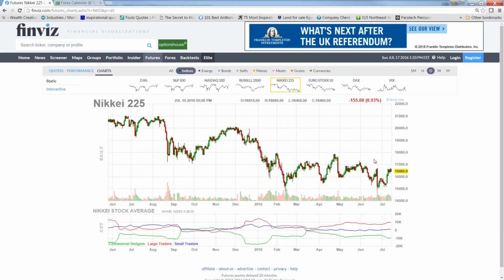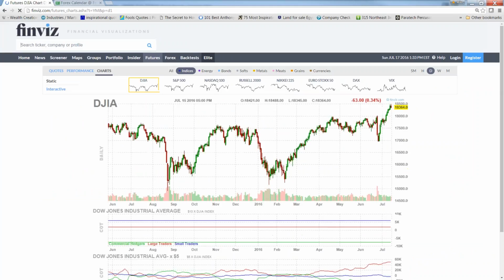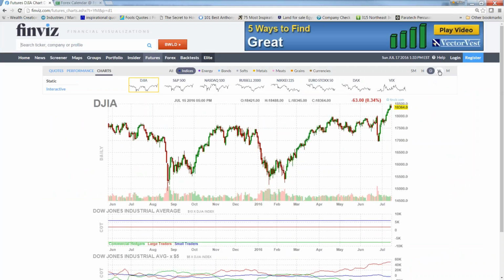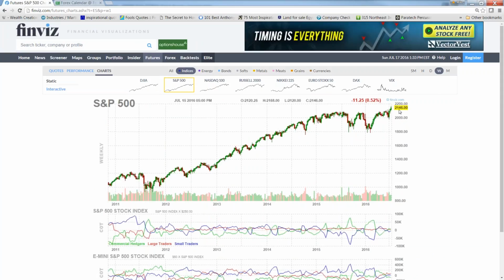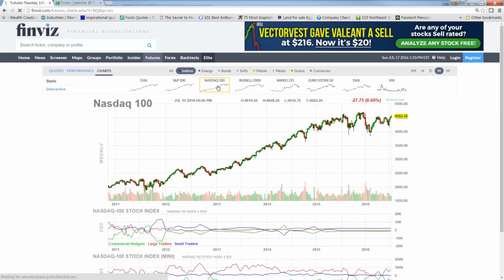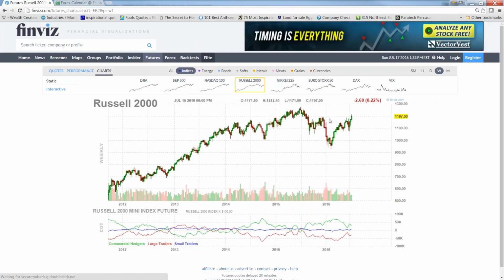Monday is a holiday. The Dow Jones is at a record new high. You see, it's an all-time high, historical high. The S&P also at a historical high. The Nasdaq, not yet a historical high. The Russell, not yet a historical high.